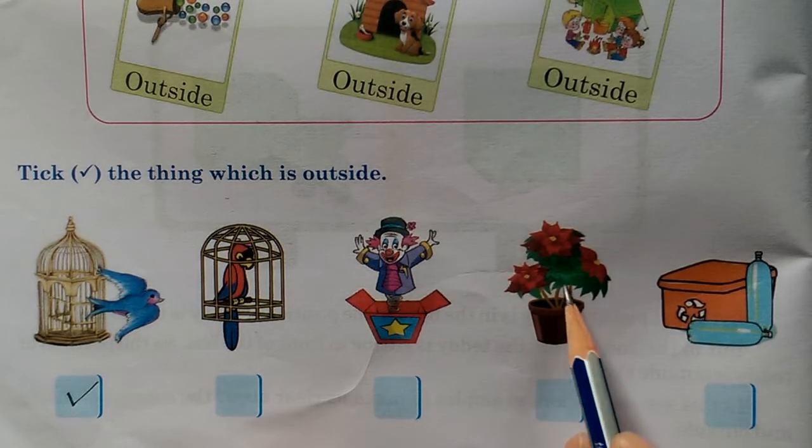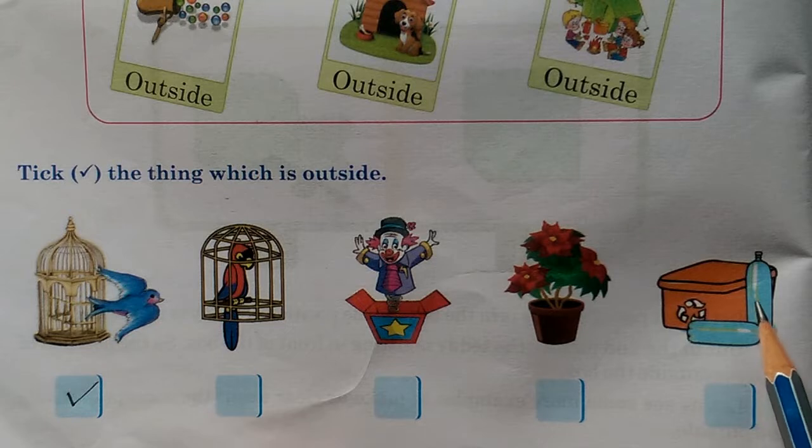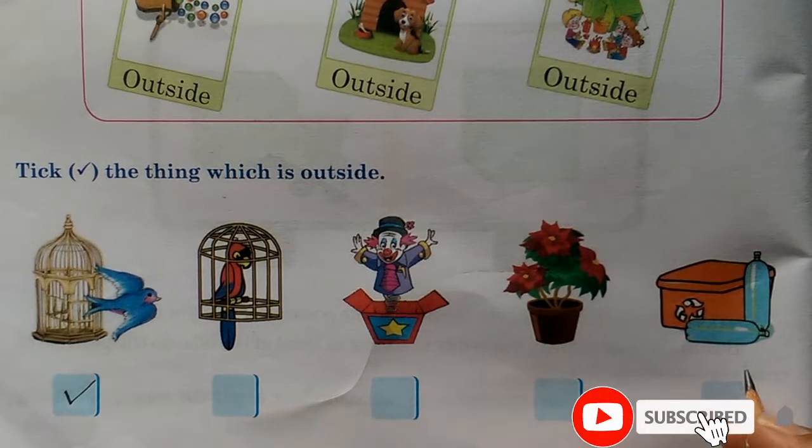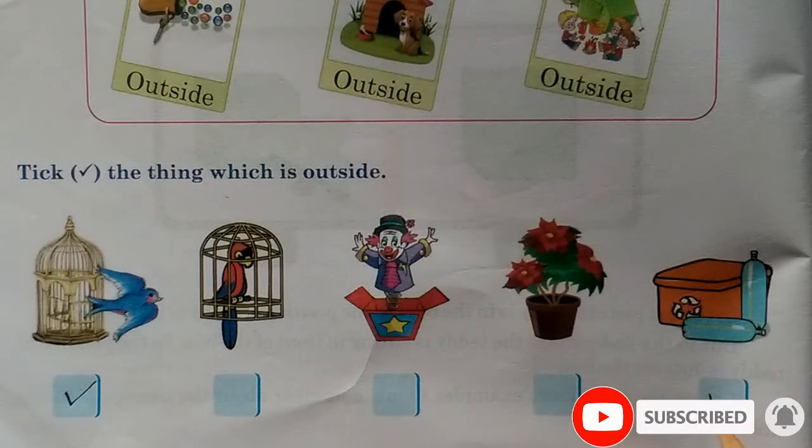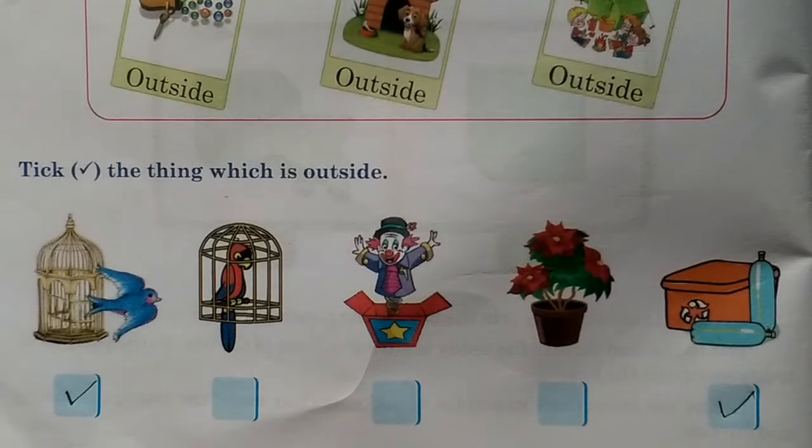Here the position of the plant is inside, right? Look here, the position of these bottles is in front of the box, so the position of these bottles is outside. So tick right here, okay?